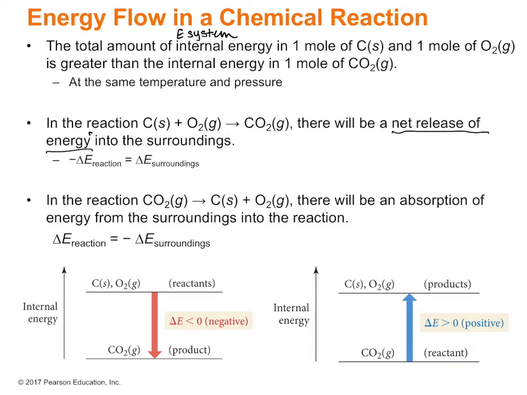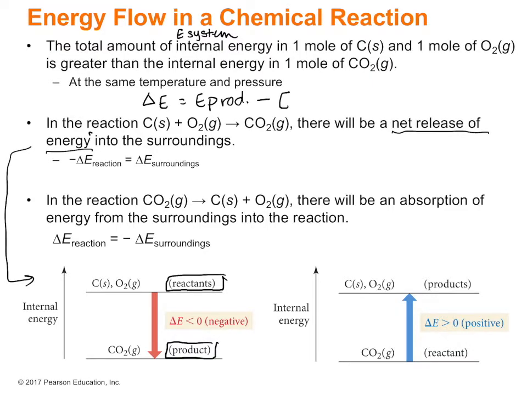Here's an example of that. The carbon and the oxygen are the reactants, and the carbon dioxide is the product. If you remember, the change in energy equals the energy of the products minus the energy of the reactants.